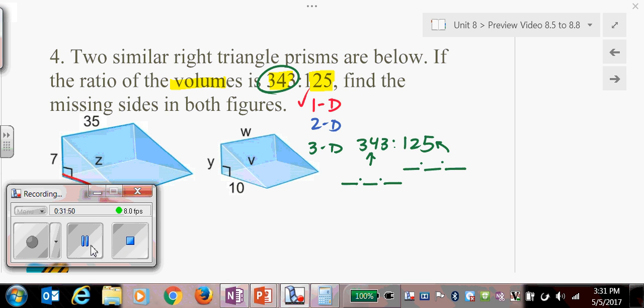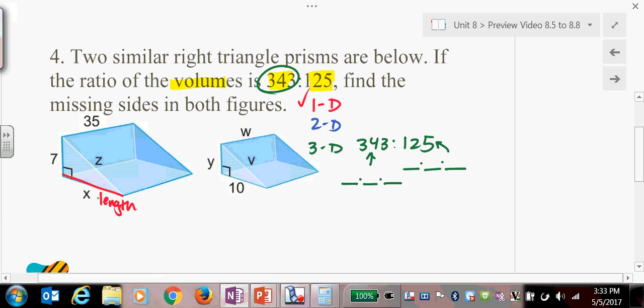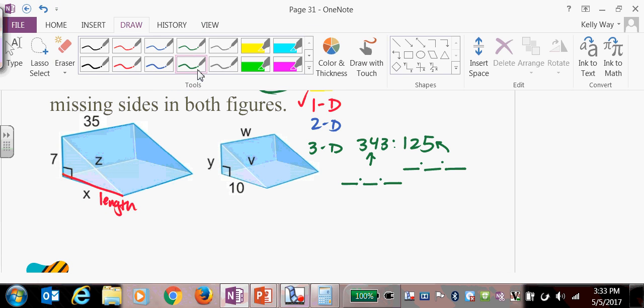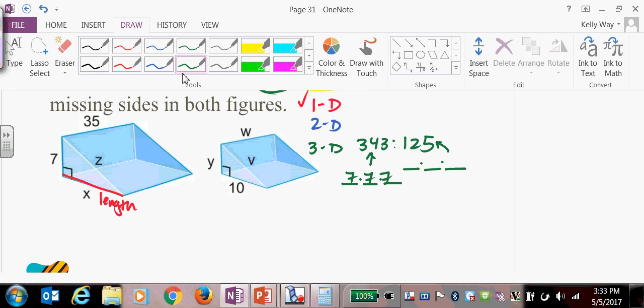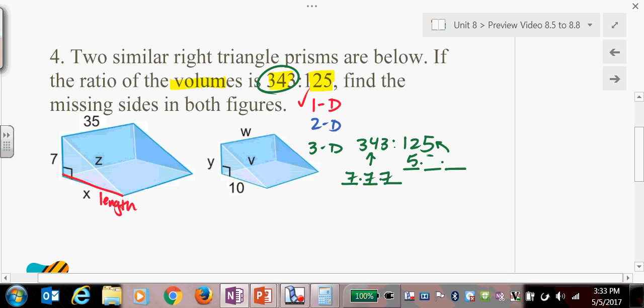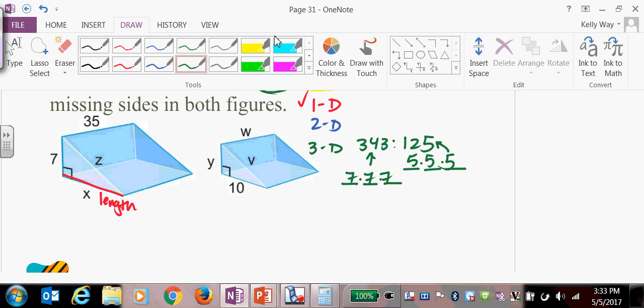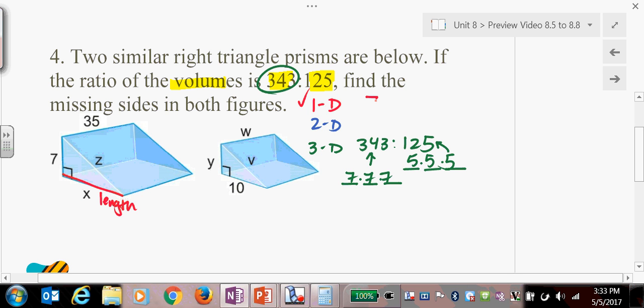I'm going to pause here. I want you to figure out, using a calculator, there are whole numbers, find out what those are. Alrighty, now if you check those, you should have figured out that this was 7 times 7 times 7, and that this was 5 times 5 times 5, which means our first dimensional ratio is simply 7 to 5. That's called your scale factor. We went from 3D back to 1D.